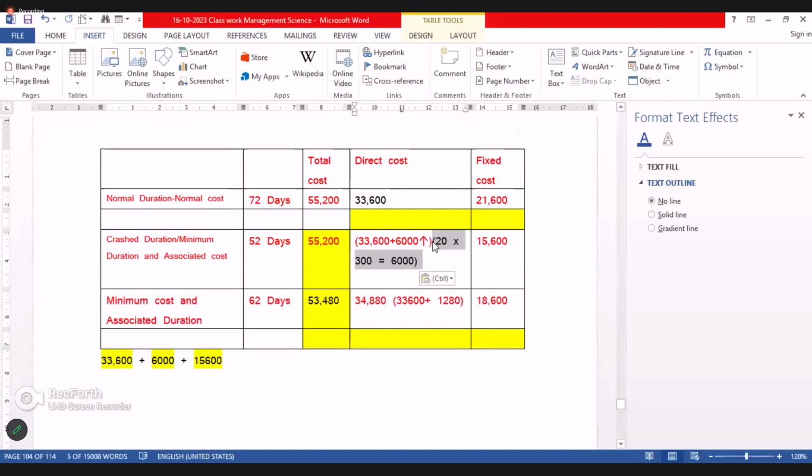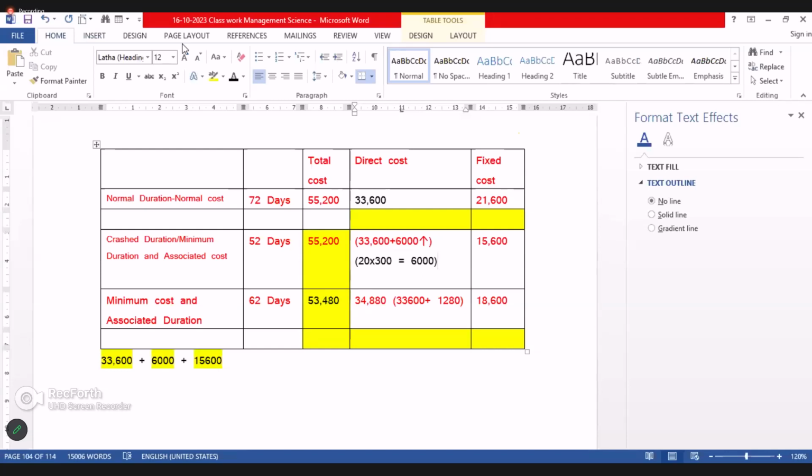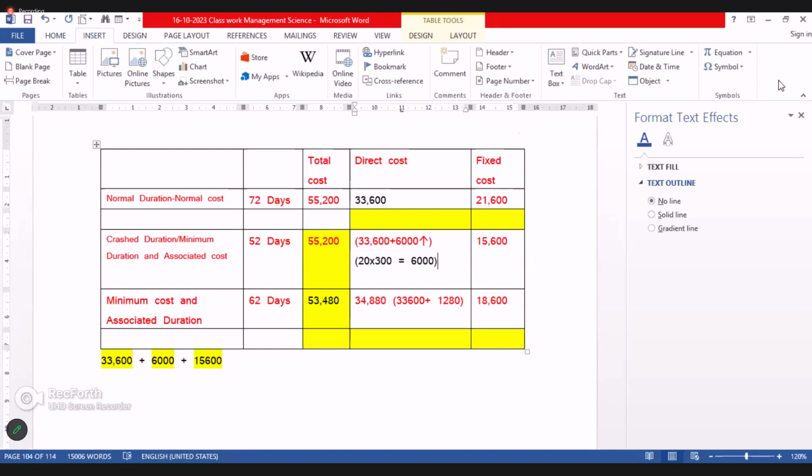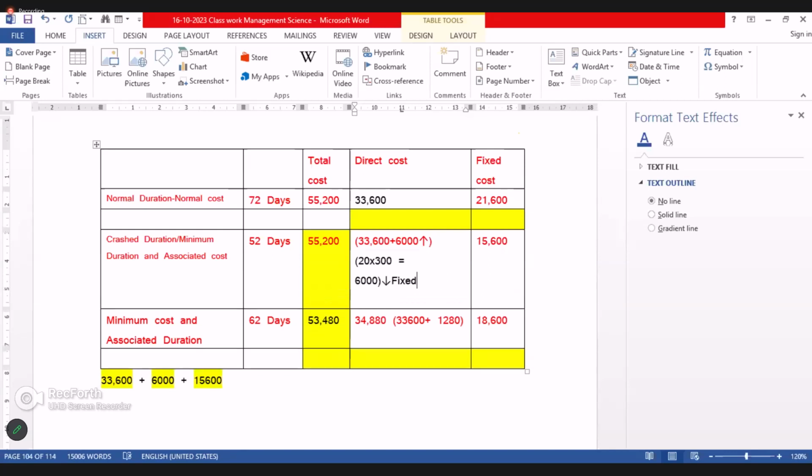The fixed cost component is the reduction. It's a fixed cost.